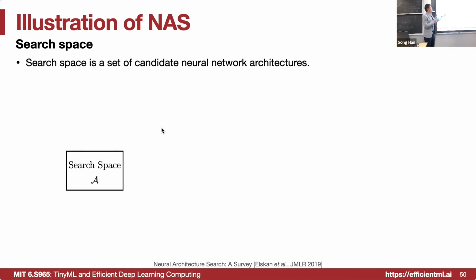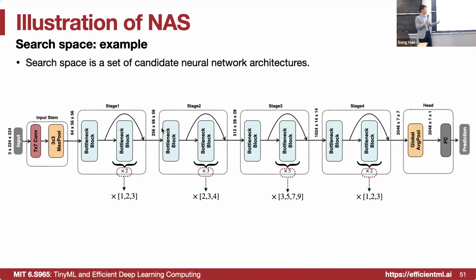So the search space is a set of candidate neural network architectures. For example, in this case, in different stages, we can repeat this bottleneck block by 1 time, 2 times, 3 times. So that's an example of the search space. We can search between 2 blocks, 3 blocks, or 4 blocks.